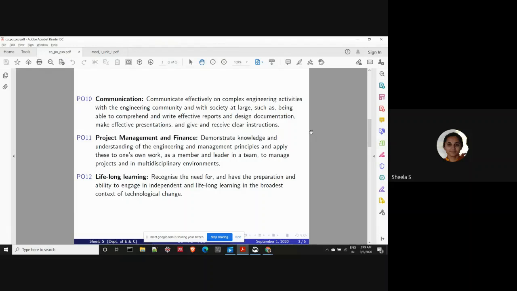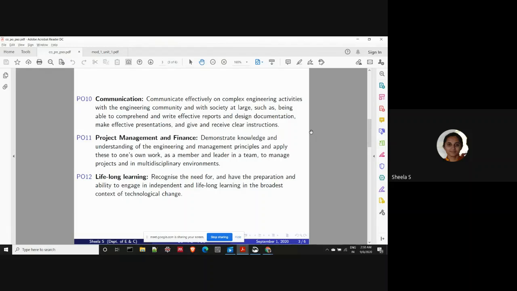Okay, so when we try to interact, our communication skill will be developed. So for that, we are going to consider whether our course is helpful in attaining this particular outcome. Similarly, next what we are having is project management and finance.